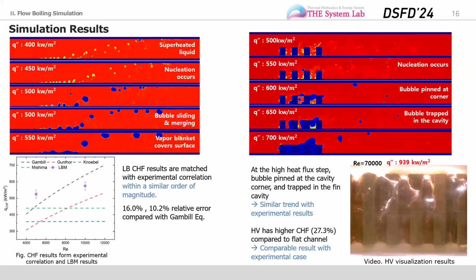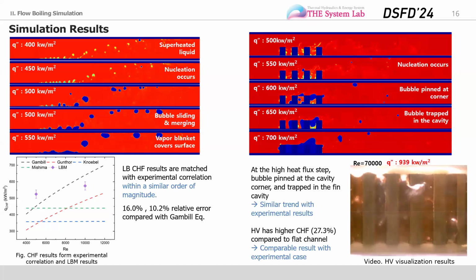I captured the characteristic scenes of the flow boiling, and the left figure shows the result of the flat channel case. For the flat channel case, nucleation occurs at the heat flux level of 450 kW/m². And as heat flux increases to 500 kW/m², bubbles slide, merge and lift up the bulk flow.